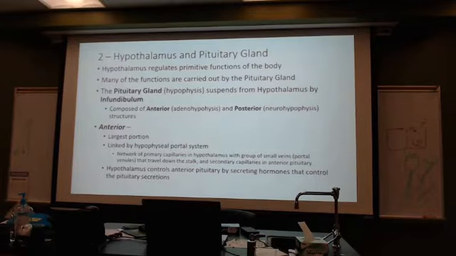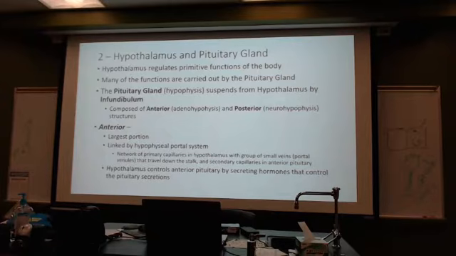So now that's telling me a lot of information, because how is it that I'm going to have control over my pituitary gland? My hypothalamus is controlling it.